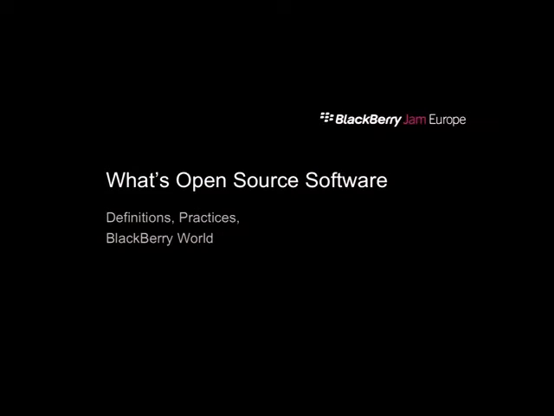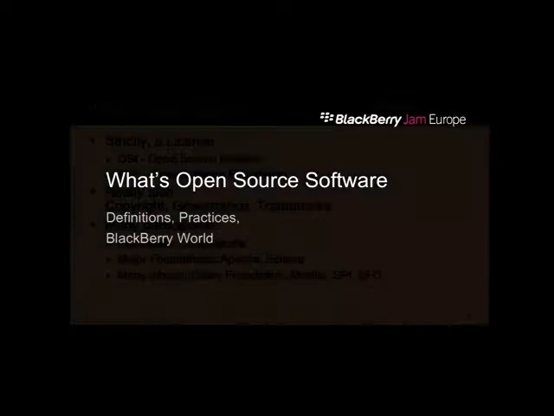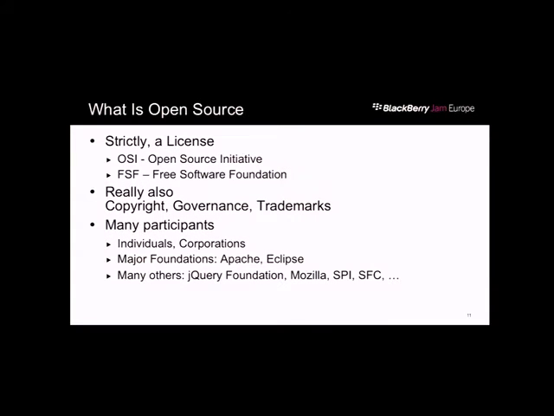So let's talk a bit about what open source is. Essentially, the core of open source is the license, and there are two groups that define what an open source license is: the Open Source Initiative and the Free Software Foundation. There are way too many open source licenses, right?